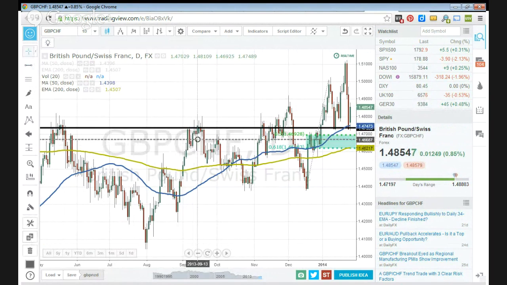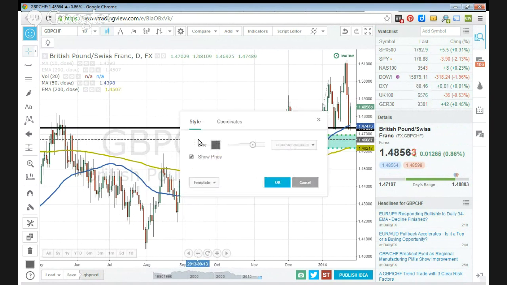Let's see, put it right here. So that would be risking, oh, okay, yeah, this works. We'll put the stop there. Just a little bit of reaction here. Put the stop there. And 70, 50. So it's about 80 pips I'm risking.